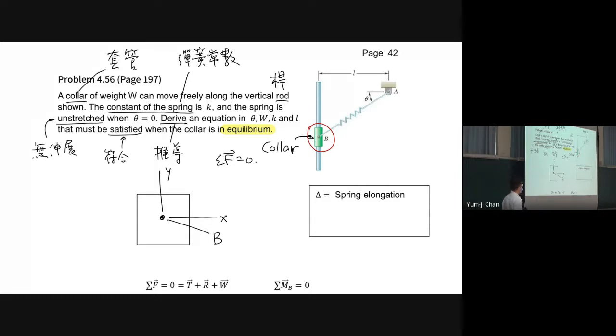Are there any forces or couples, or forces and moments acting on the collar? First of all, we have the weight of the collar, W. So we have W here.